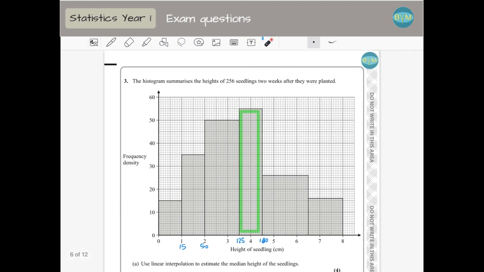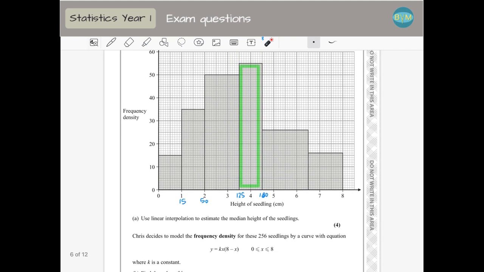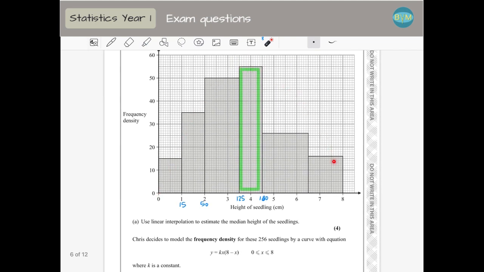And then the last bit they ask is, using this model, write down the median height of the seedlings. We are substituting our histogram by a quadratic. The quadratic is symmetrical. That means the median is going to be the midpoint just by symmetry.